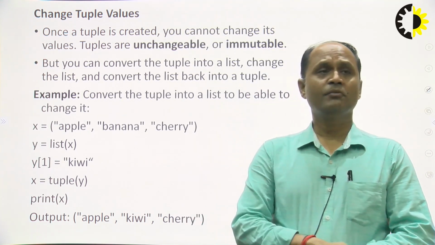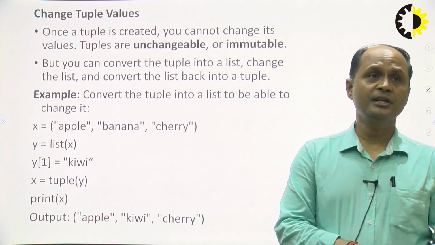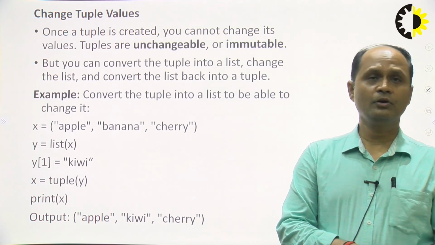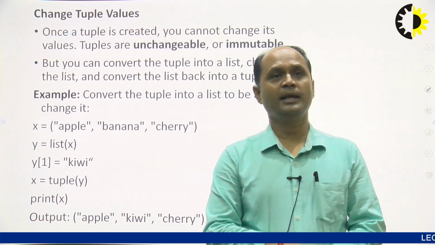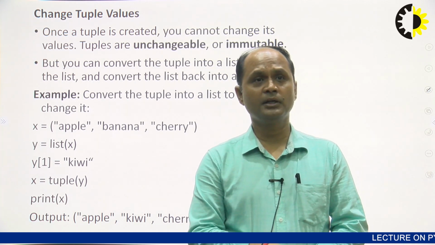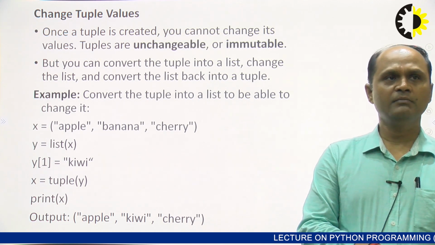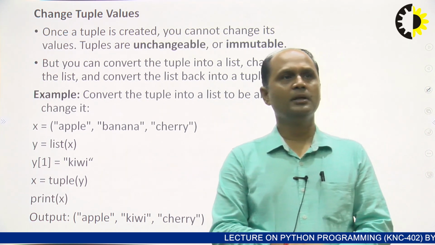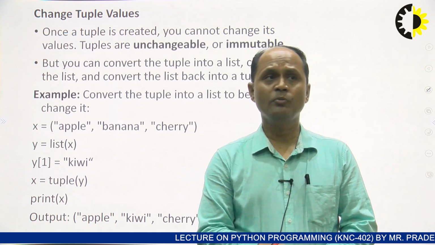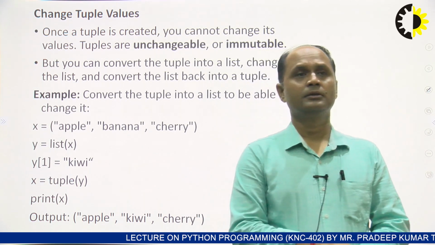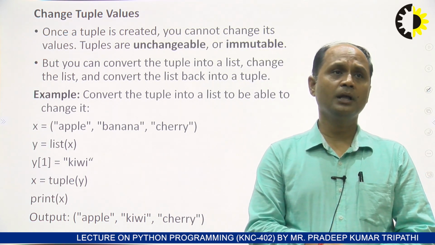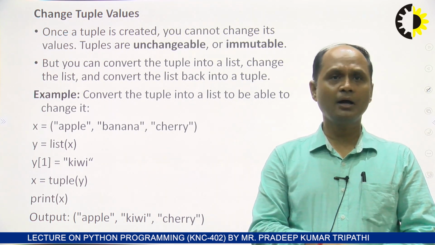Now the most important topic of a tuple: changing the value of a tuple, because according to the definition a tuple's value cannot be changed. Everywhere we mention that a tuple is created but cannot be changed after creation. So tuples are immutable, or unchangeable. So how will it convert?